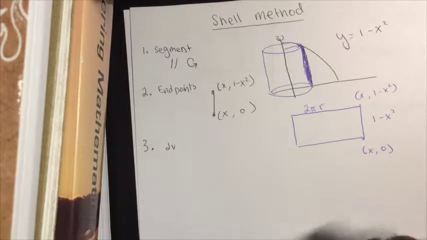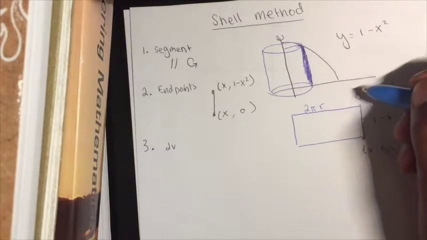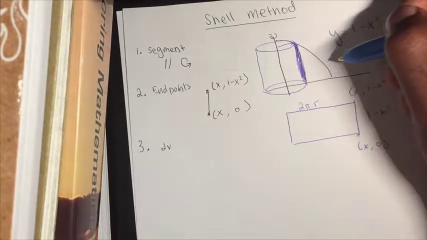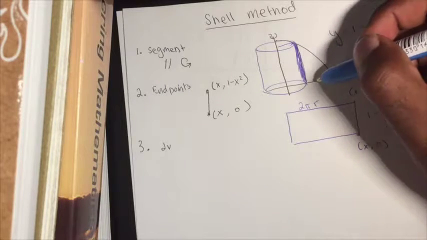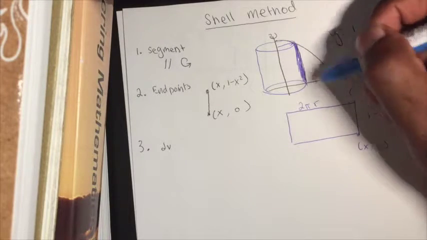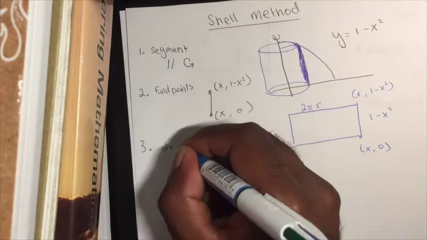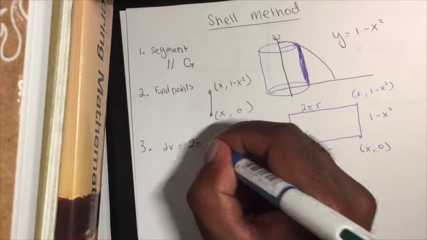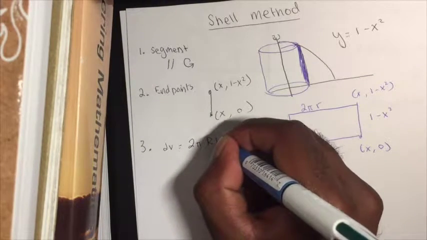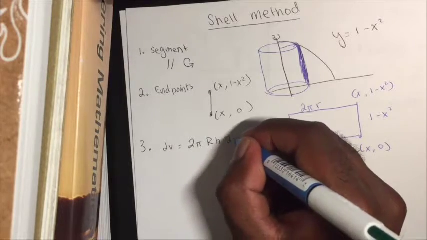So the equation that this gives us for the surface area of a cylinder created by rotating a single segment becomes 2 pi r h dx.